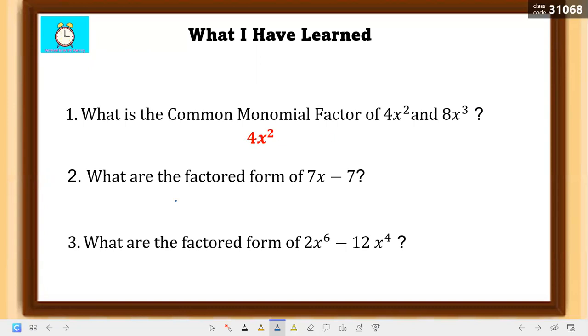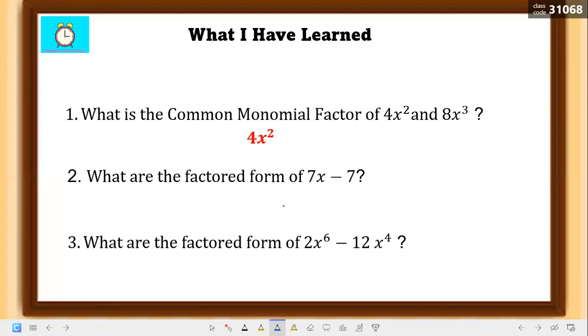What about number 2? What is the factored form of 7x minus 7? Johan. X. X po. Parang kanina yung may kulungan, tapos may dagdagan natin.